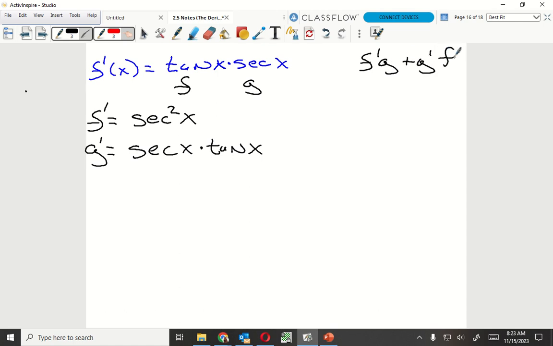So f prime, that means I'm going to have secant squared times g, which was secant, plus g prime, secant x tangent x, times f, which is tangent x.